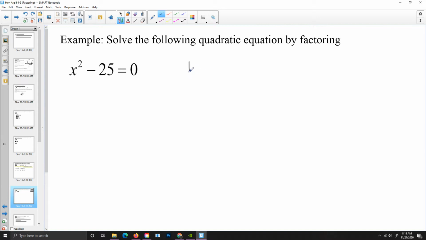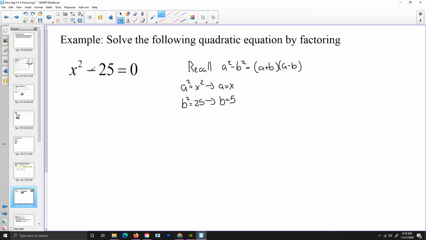What we're going to do is we're going to say recall a squared minus b squared is equal to a plus b times a minus b. Alright, so if a squared is equal to x squared, then we can conclude that a is equal to x. If b squared is equal to 25, then b is equal to 5.